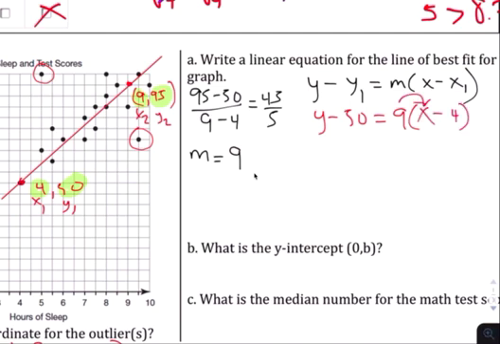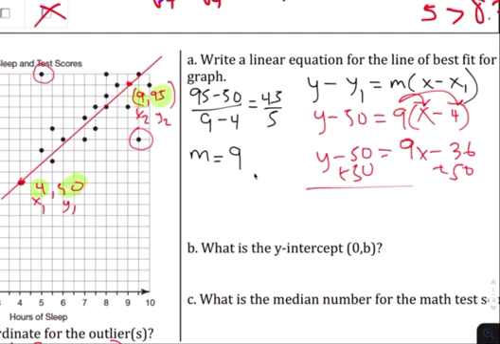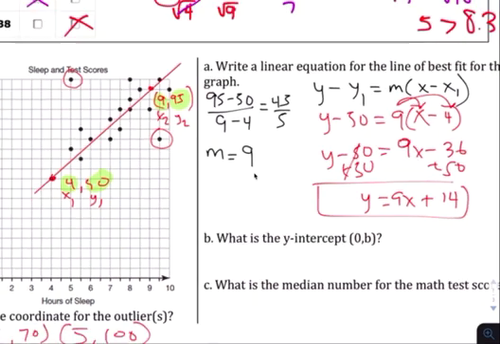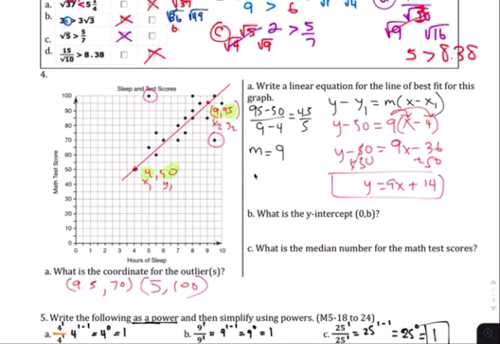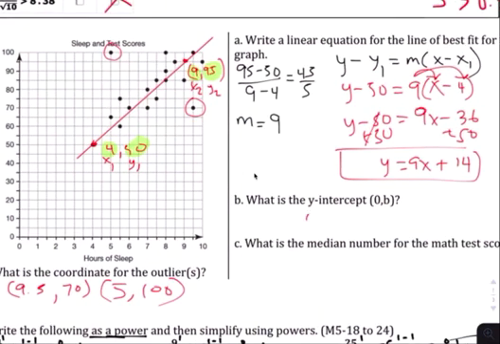So you get 9x minus 36 equals y minus 50. Add 50, add 50. You get y equals 9x plus 14. And that's your answer. And the y-intercept is at 0, 14.